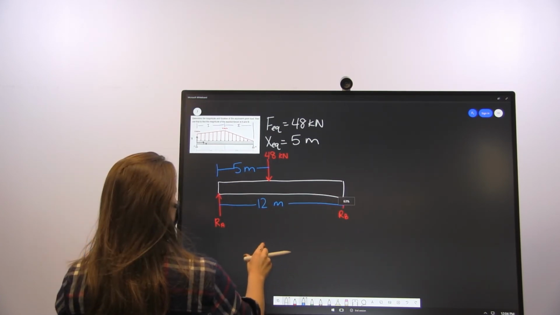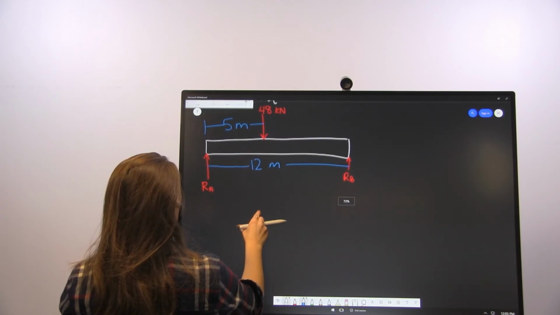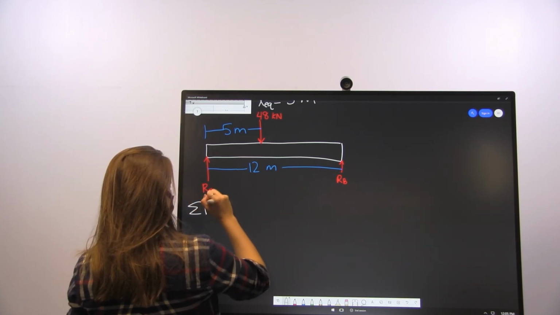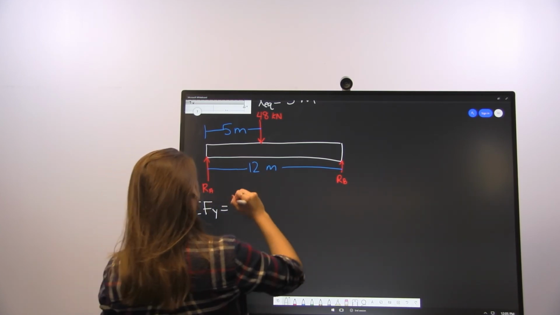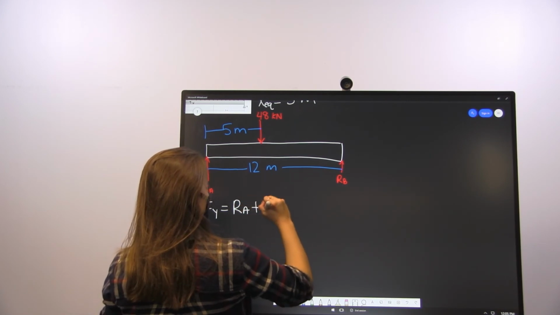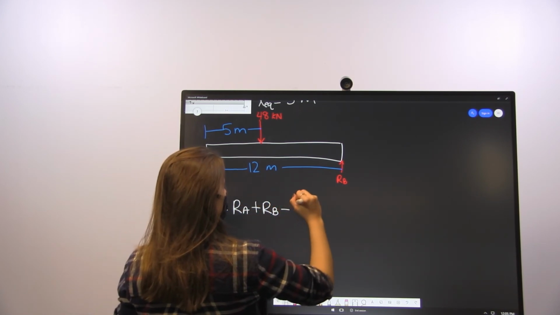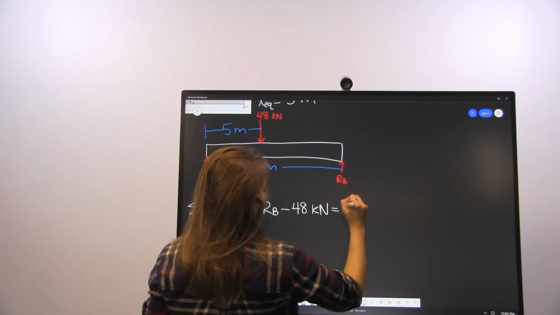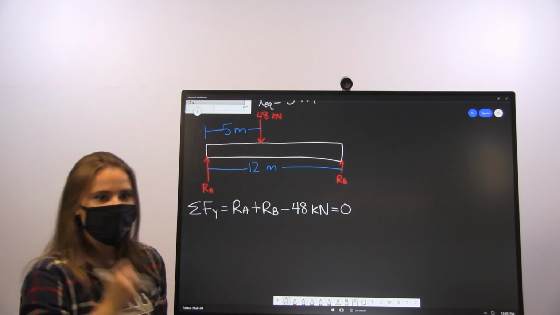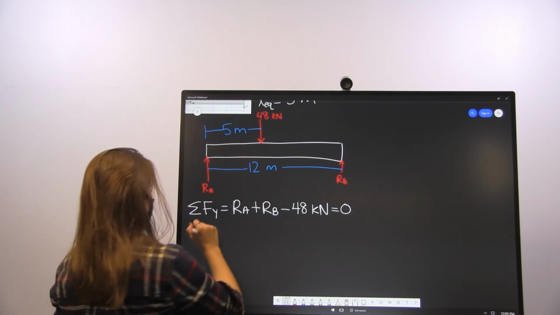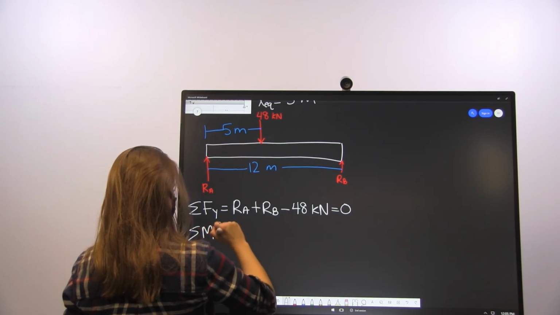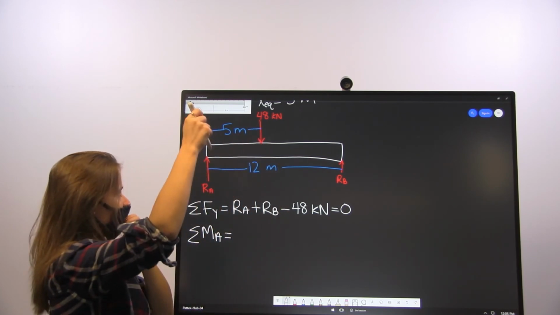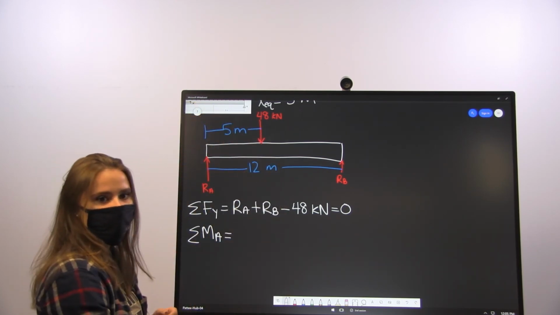So first we can take our equilibrium in Y, which is equal to RA plus RB minus 48 kilonewtons, and that's going to equal 0. So we have that. We can't really solve for anything yet, but from here we can take the moment at A, which is going to be, if we have the 48 kilonewtons down, that's going to create a clockwise rotation.